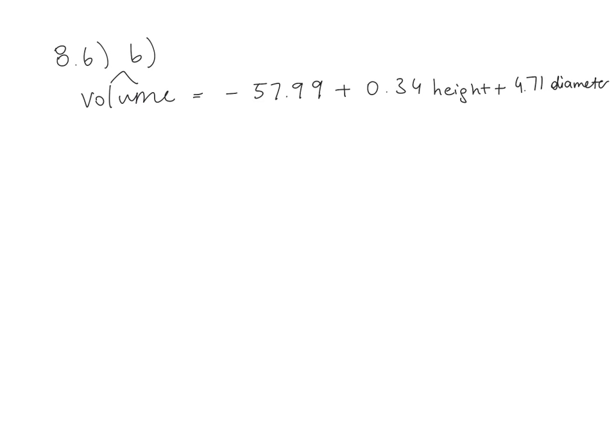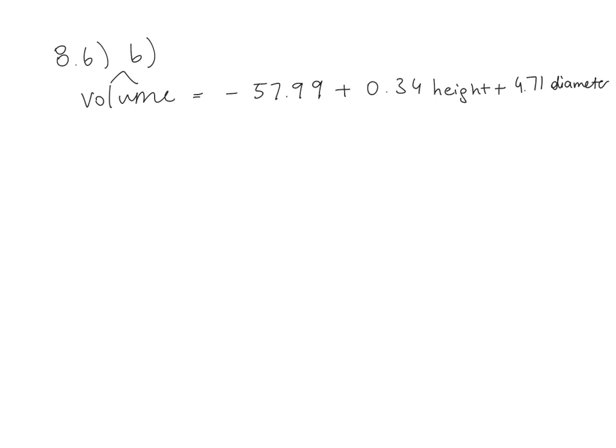Okay? So in 8.6b, we are told that one tree in this sample is 79 feet tall and has a diameter of 11.3 inches and is 24.2 cubic feet in volume. Determine if the model overestimates or underestimates the volume of this tree, and by how much.